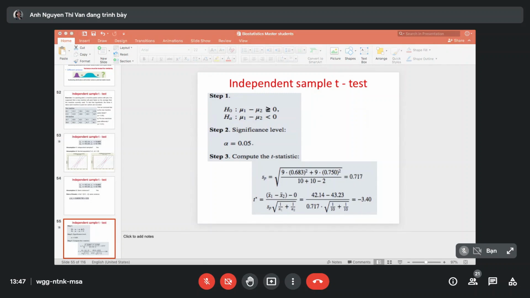It's not a difficult exercise, but it is easy to get wrong results if you are not careful in calculation. I already gave the correct result for the p-value, here it is minus 3.4. After calculating the p-value, you need to show the rejection region and non-rejection region.